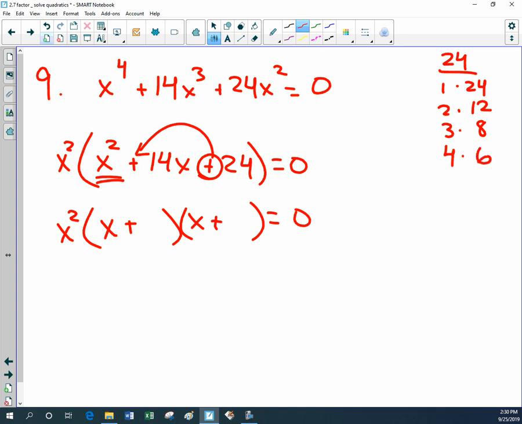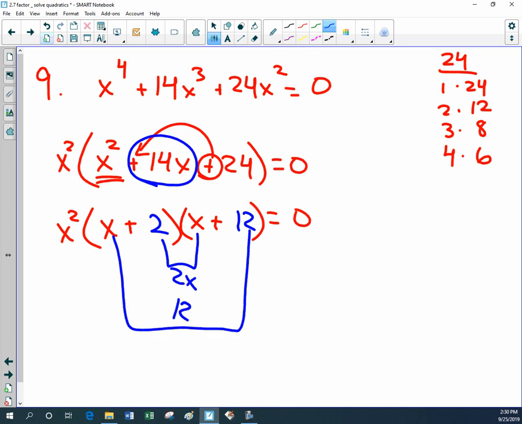So if you look at those possibilities and keep in mind that you're trying to get a positive 14x as your middle term. So 2 and 12, that gives me 2x. That gives me 12x. 2x and 12x is 14x.